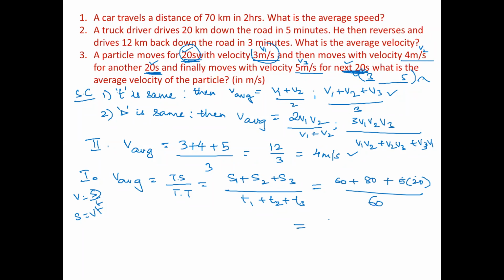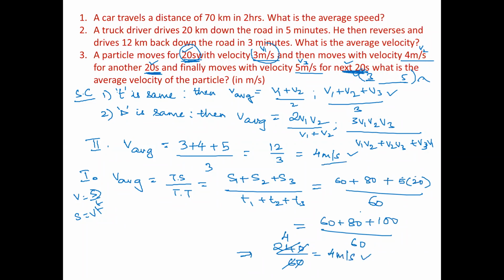Okay, now you see how simple it is. It's not simple compared to the previous, but okay. Both of them are okay. 60 plus 80 plus 5 into 20 is 100. So this comes to 240 by 60. You will get the same answer. 4 meters per second.